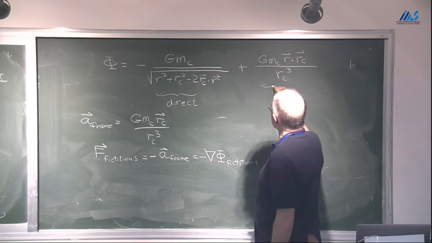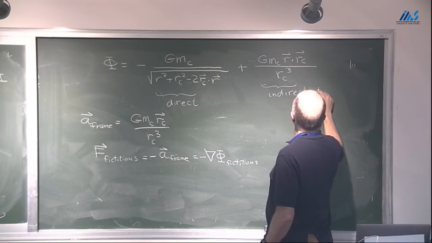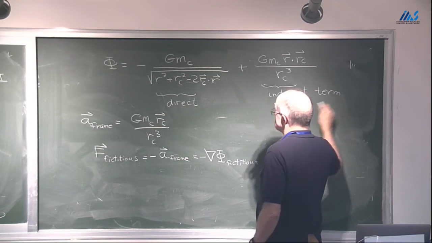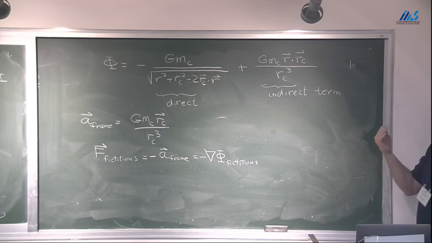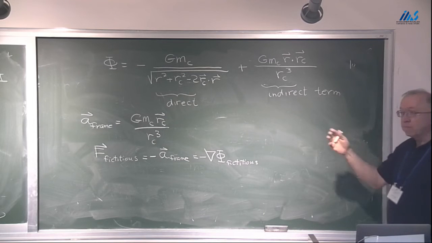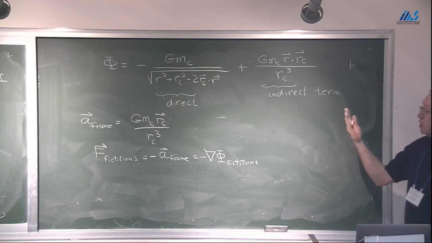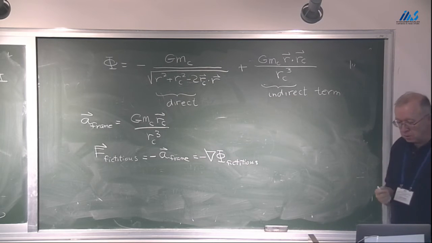This is called the indirect term. And again, it's a fictitious term. It's an extra term which arises simply because we're working in the frame attached to the host star rather than the barycenter of the host star and the companion star. You have your choice. You can do things in either frame. Sometimes it's better to use one, sometimes better to use the other.